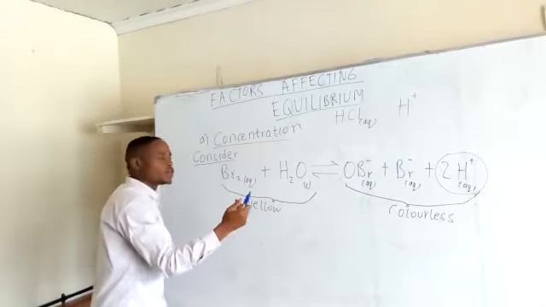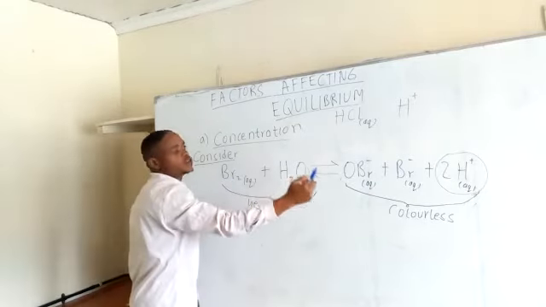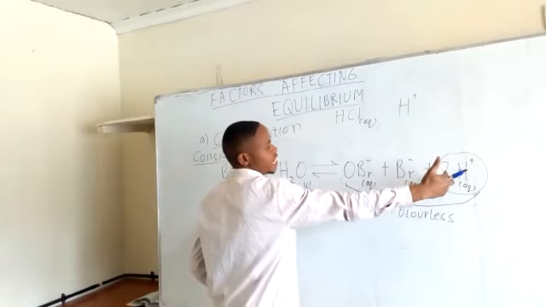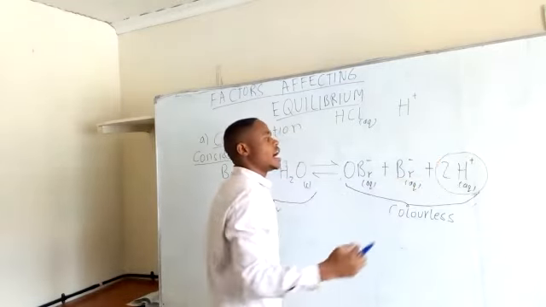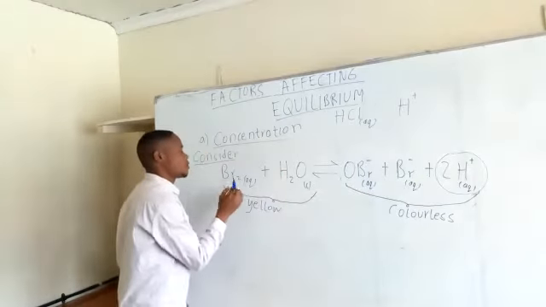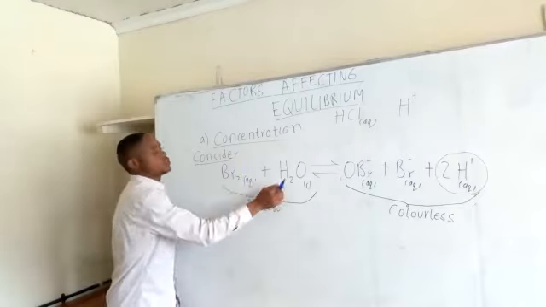So adding HCl will favor the backward reaction, so that the excess hydrogen ions that have been introduced react with this and lead to the production of our two substances here.